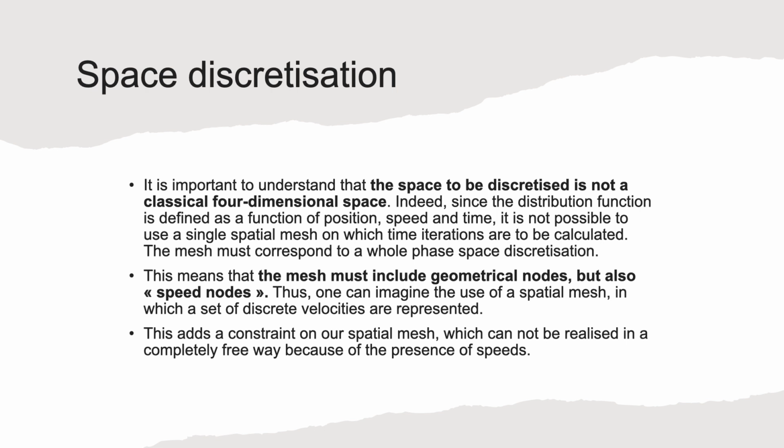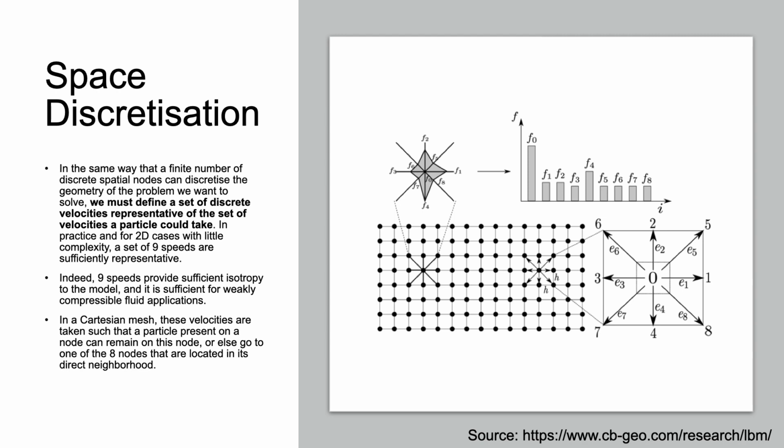And because of this, the mesh can't be represented in a completely free way because we have those speeds to represent as well. So if we take an example where we have a 2D problem in which the particles go from each node to another node, there are 9 possibilities, right?